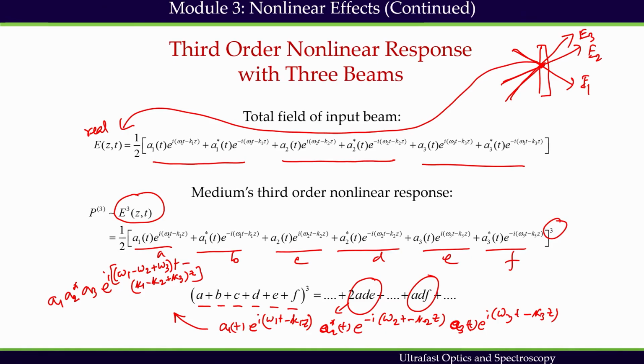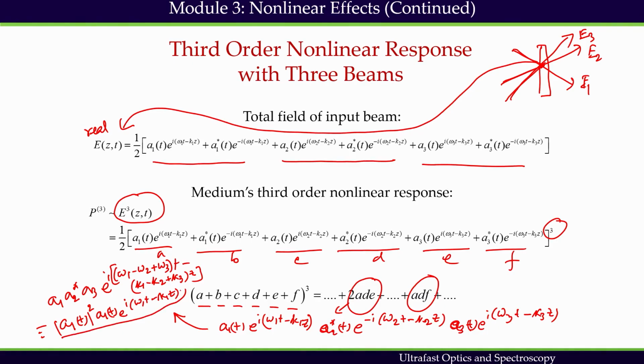If they are identical, then this equation will be reduced down to this equation: modulus square of A1(t), then A1(t) e to the power i(omega 1 t minus k1 z).